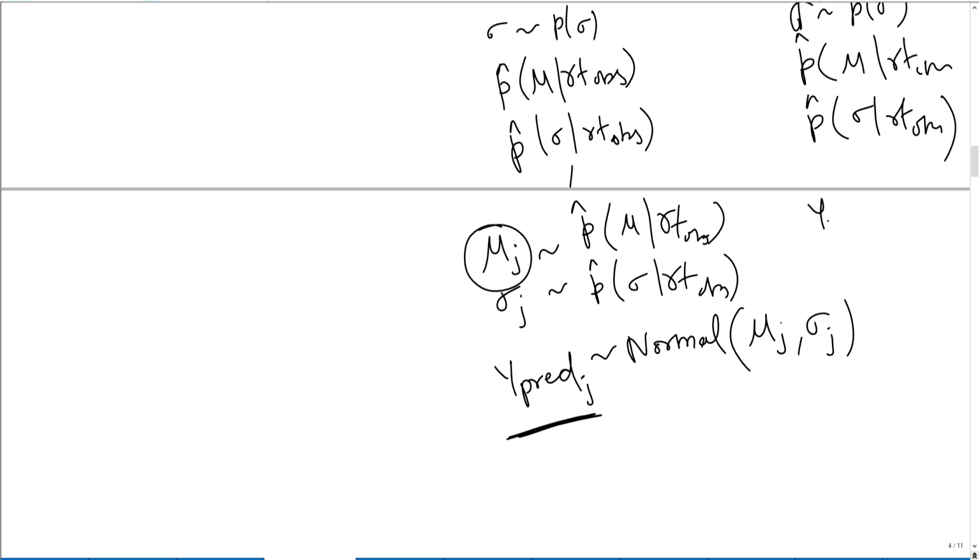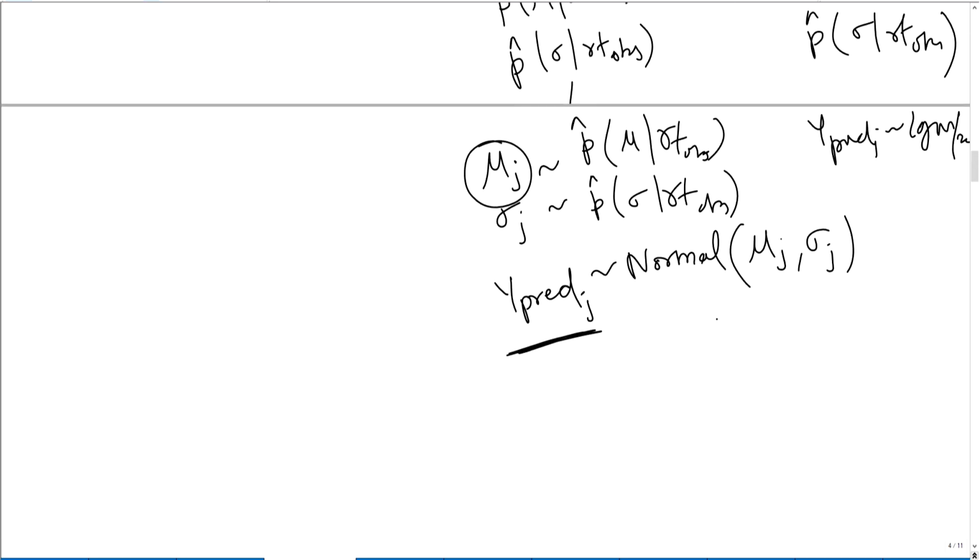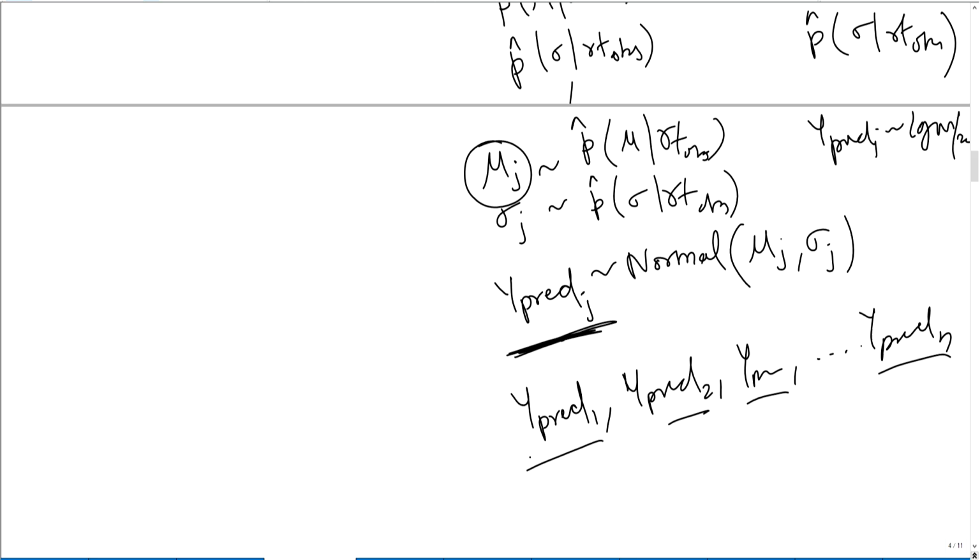In this case, ypred j comes from log normal mu j and sigma j. So you will obtain ypred 1, ypred 2, ypred 3, up to ypred n. If you draw n samples from the posterior distribution, you will get n posterior predictive samples. Each of them would contain whatever number of observations you have in your experiment, let's say n data points.